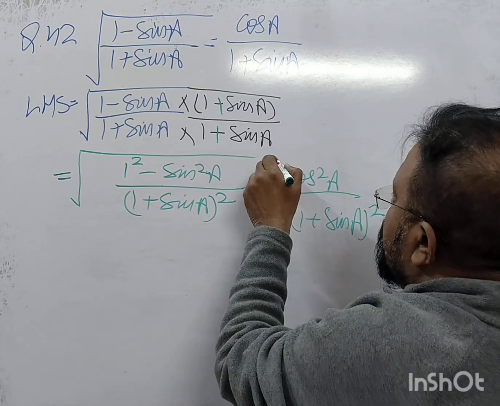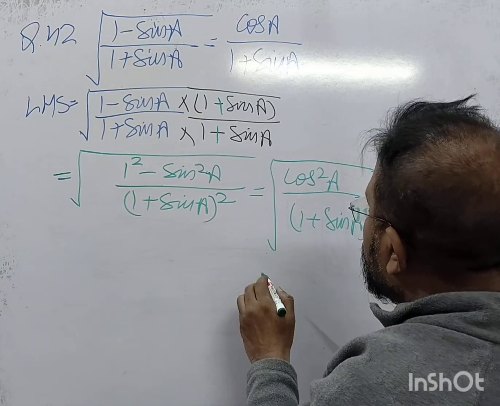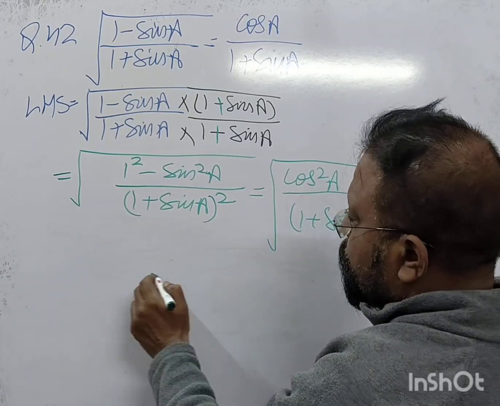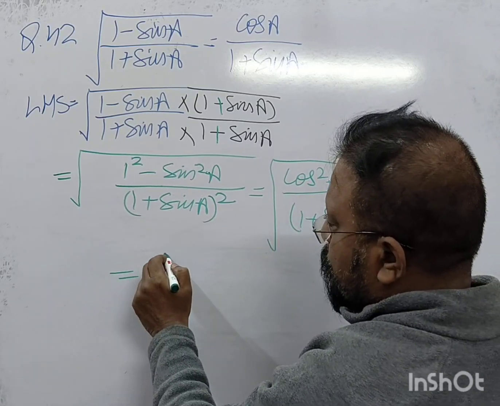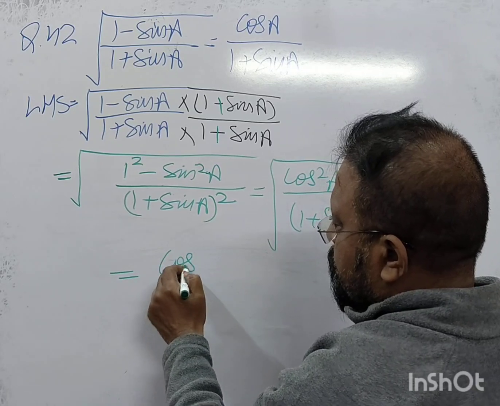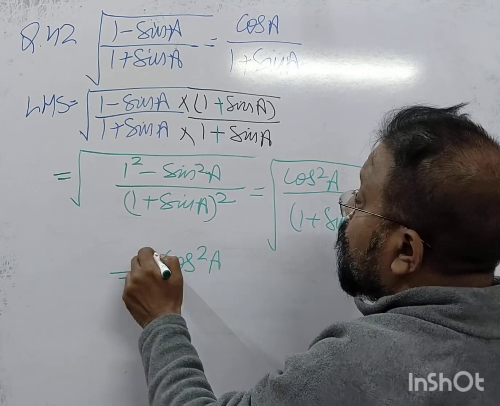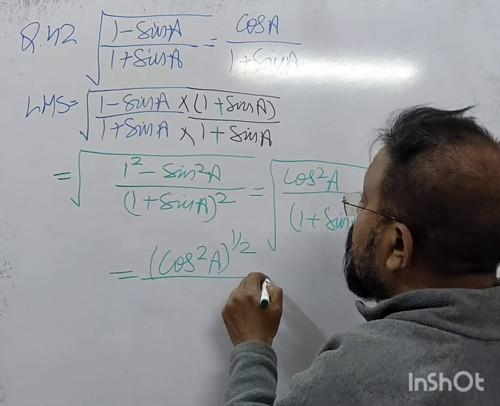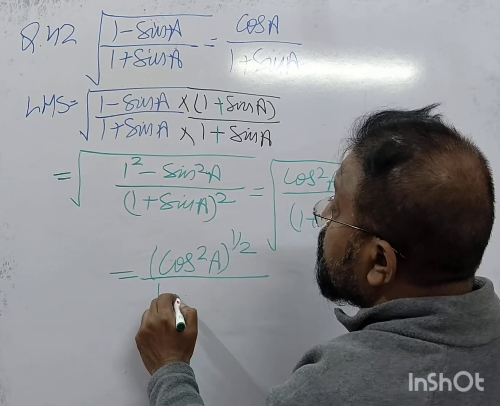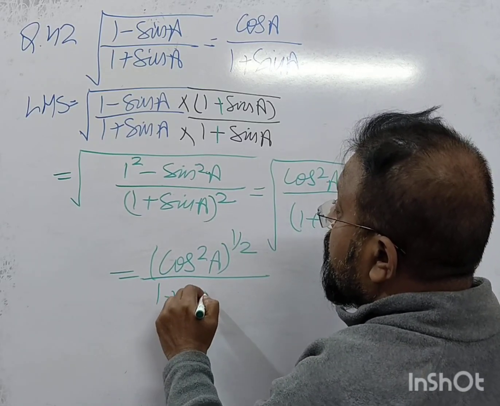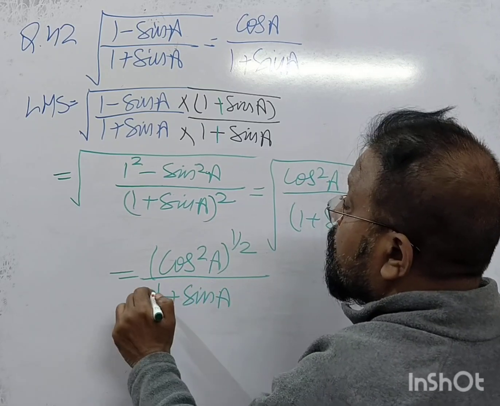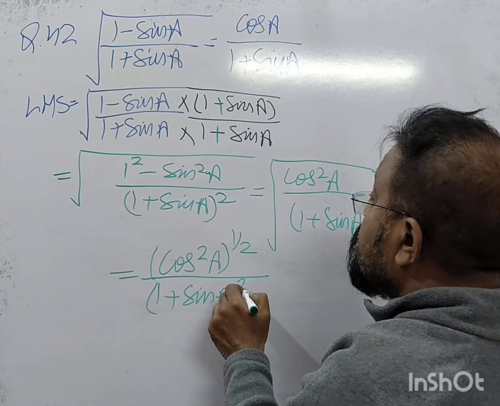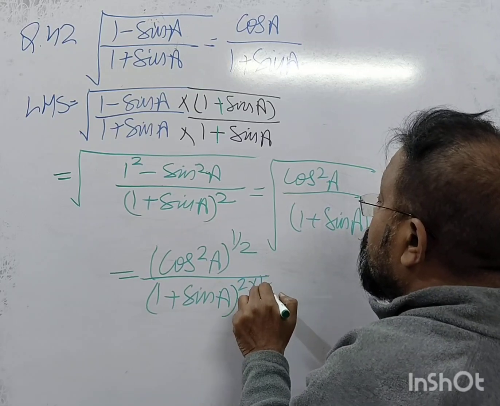We have root over. So when we solve the root, means (cos square A) whole power 1 by 2 upon ((1 plus sine A) whole square) into 1 by 2.